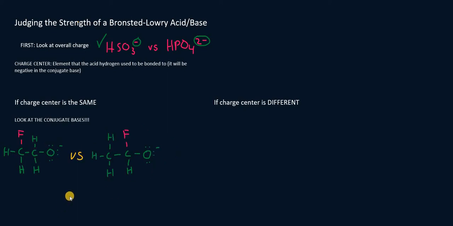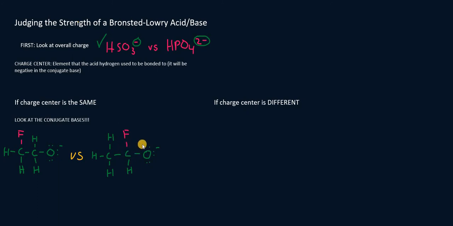So let's take our conversation about inductive forces one step further. What happens if both of your conjugate bases have inductive forces? Well, in certain cases it comes down to electronegativity. The more electronegative your element is, the stronger the inductive forces are, right? So that's one way to look at it. Another way to look at it is proximity to the charge center. If you look at these two, this one has the F on the first carbon, this one has the F on the second carbon.